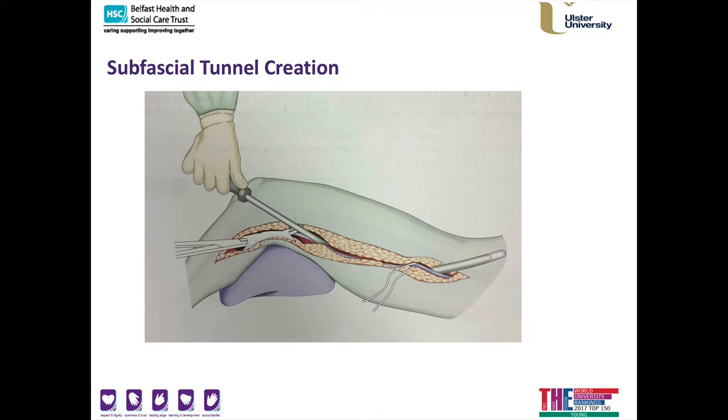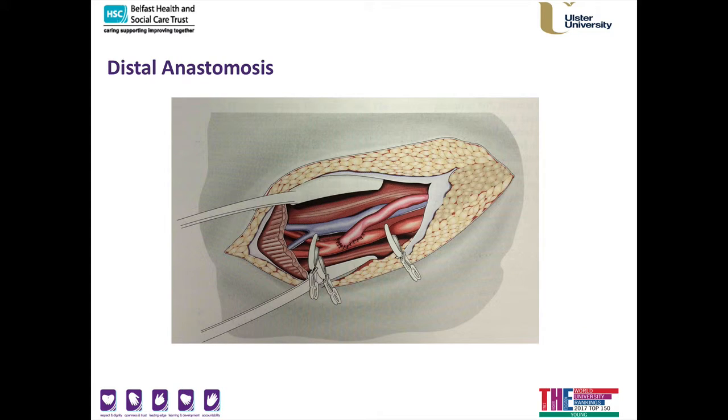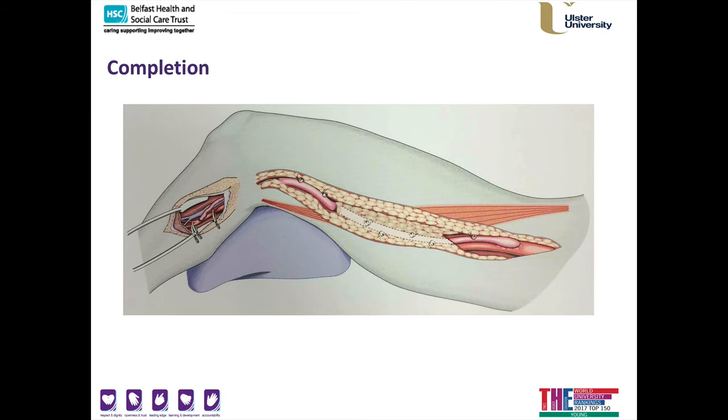We then create a vein tunnel, which is usually in the subfascial plane, and if you do this below the knee, you normally go beneath the muscle itself to try and limit any acute kink in a superficial graft, diving deep just below the knee. You then complete your proximal anastomosis. You check your flow rates, and once you're content that flow rates are satisfactory, you can do your distal anastomosis prior to restoring normal blood supply.